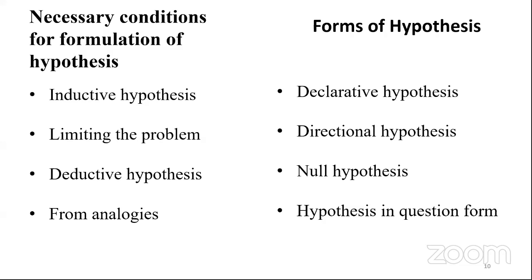Therefore, whatever hypothesis you have formulated can be limited in a yes manner or in a no manner. That is, you can agree with your formal hypothesis, or you may not agree with your formal hypothesis.